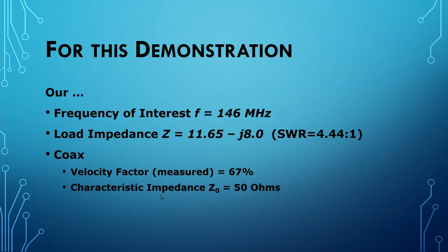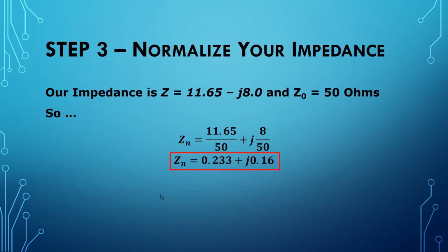Now, as I said in the Smith chart tour video, video number 5 of this series, the values on the Smith chart are all normalized values. So, the first step is to normalize the impedance of the load. So our impedance is 11.65 minus J8 with a characteristic impedance of 50 ohms.